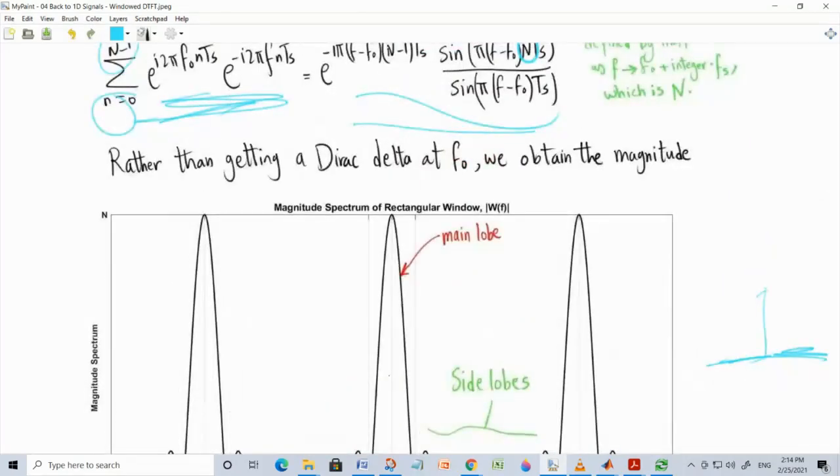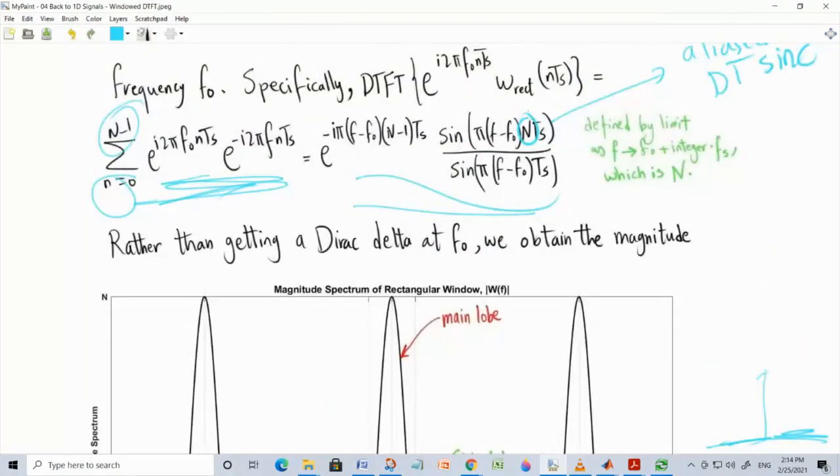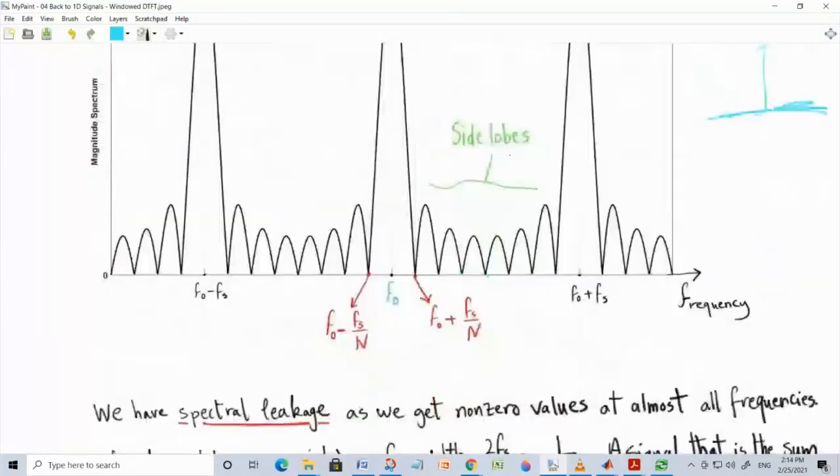And so the main lobe has a width. Again, you can go to the sinc here and examine when it will cross zero. The main lobe will be zero at f0 plus fs over N and f0 minus fs over N. So the width, if you take half this width here, this is a famous parameter.